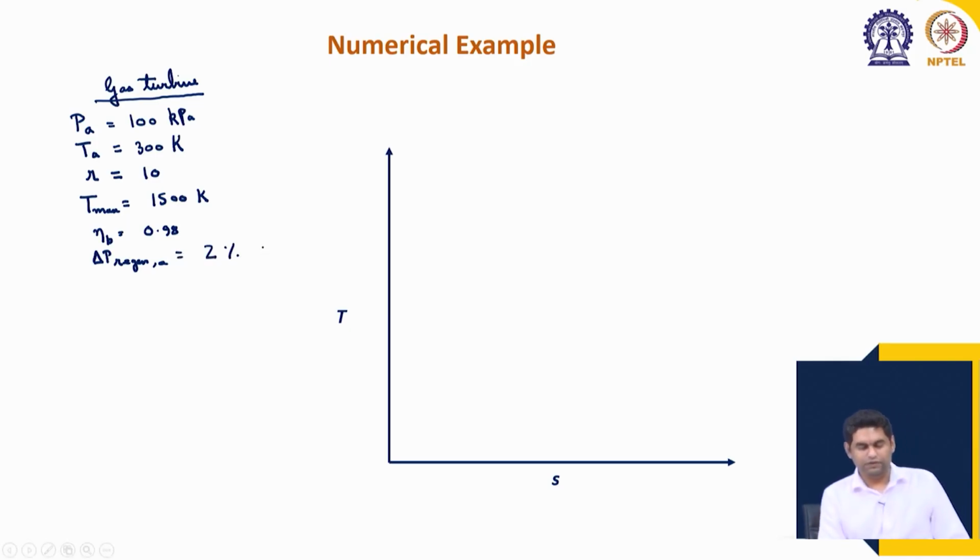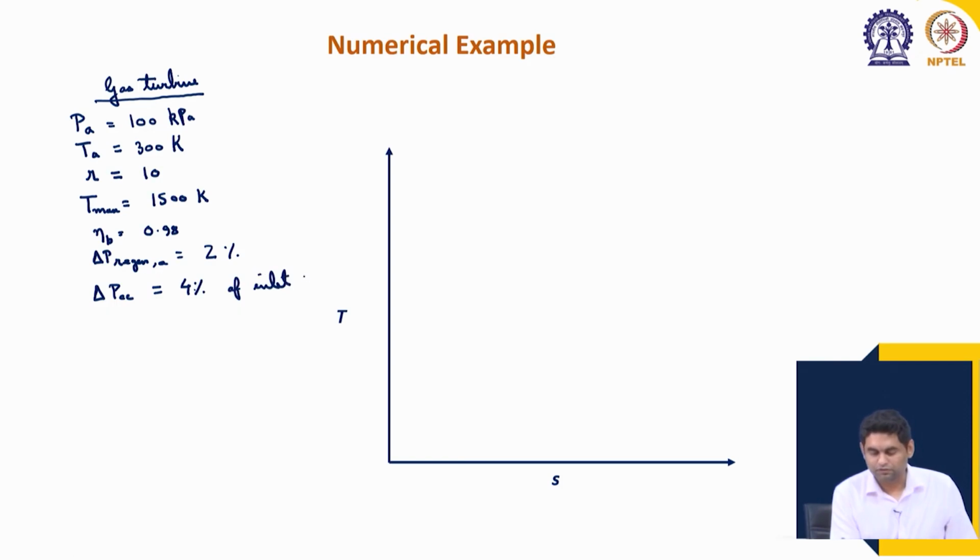The combustion chamber pressure loss is 4% of the inlet pressure, the inlet to the combustion chamber. That is important. And on the gas side of the regenerator we have a fixed loss of 10 kPa. So, all these are known parameters.